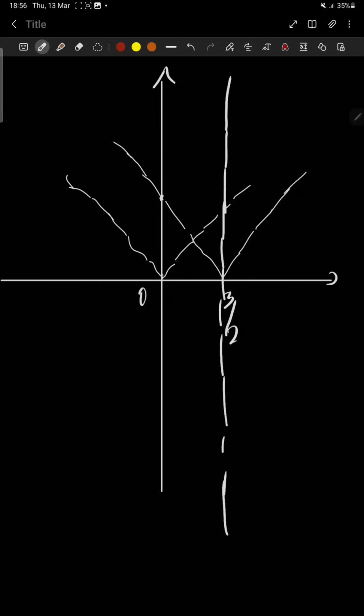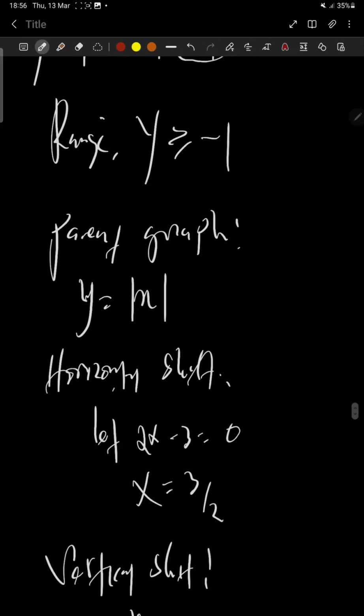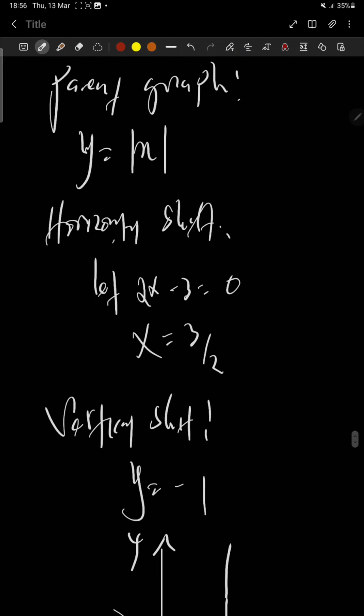So this graph is y is equal to modulus of x. Then this one is a shift, y is equal to modulus of 2x minus 3. To know the y-intercept, x is 0. You replace 0 there, you're going to have negative 3, then modulus of negative 3 is 3. So this one is 3.